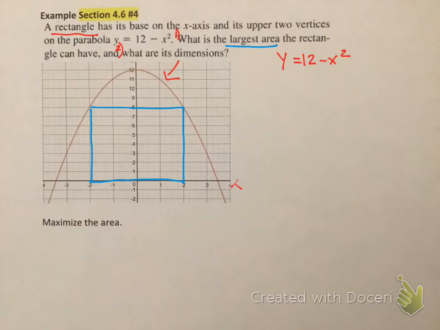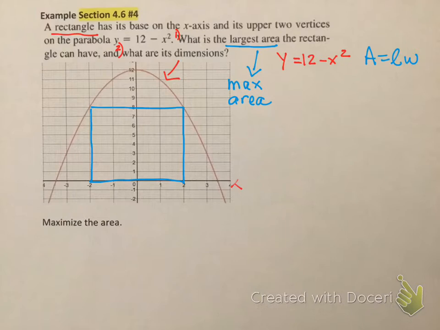So I am looking here to maximize my area. I also know that the area of a rectangle, again, is length times width. I'm also supposed to find the dimensions of that largest rectangle.